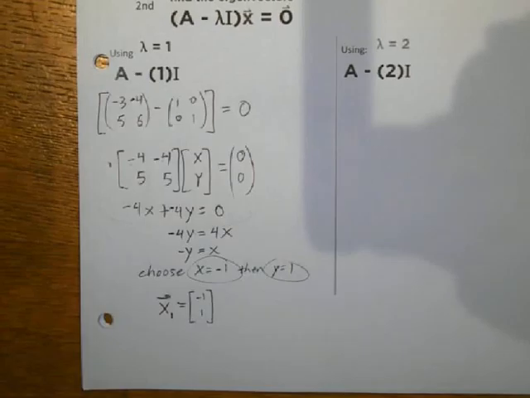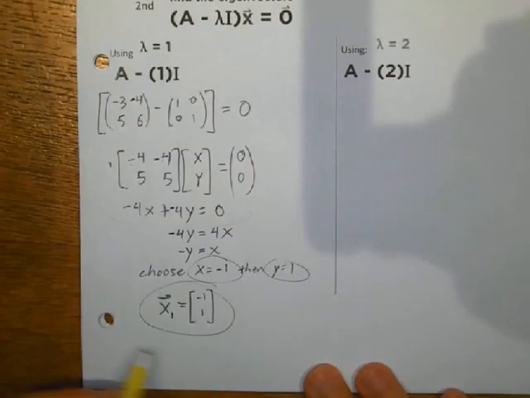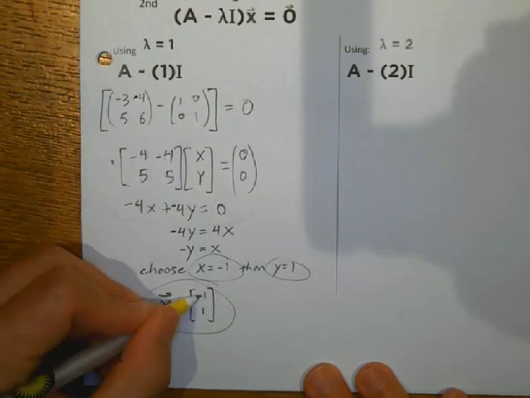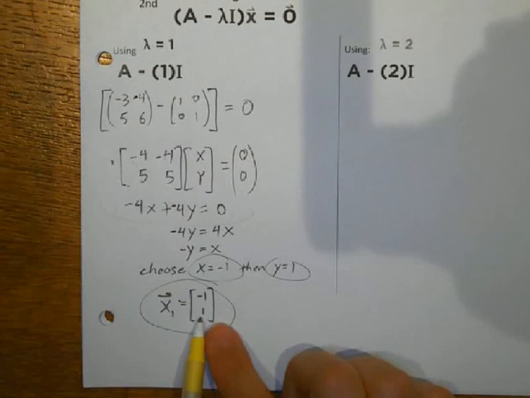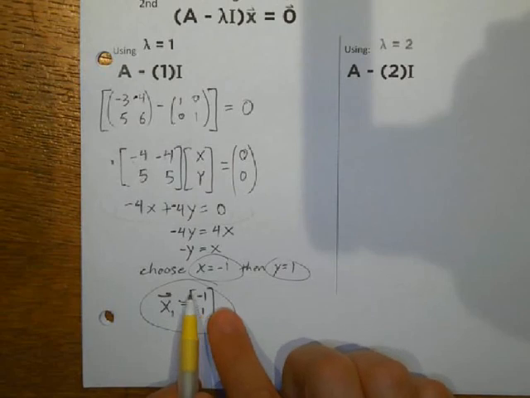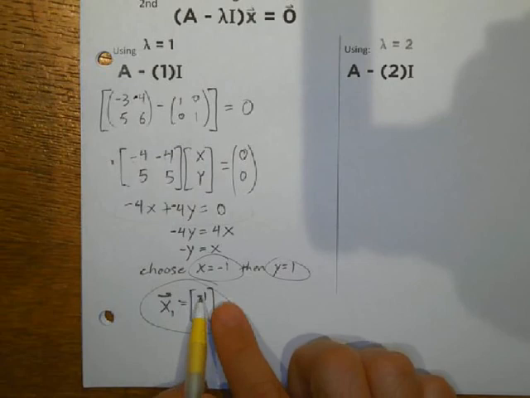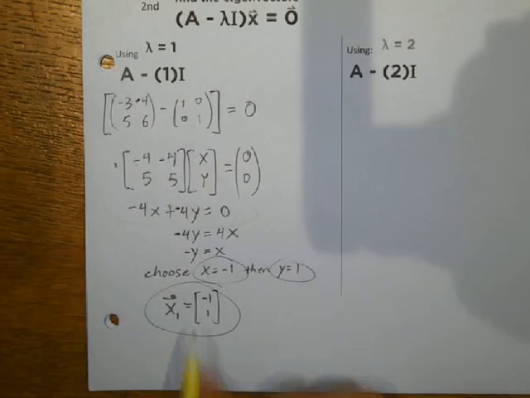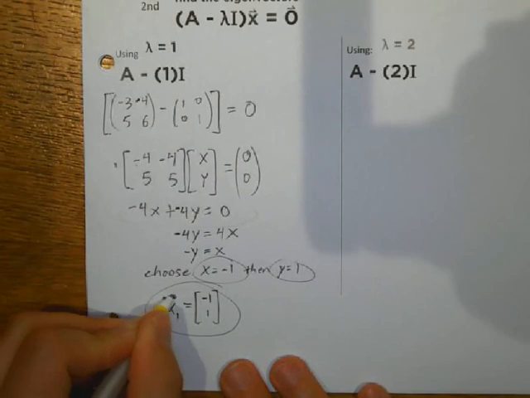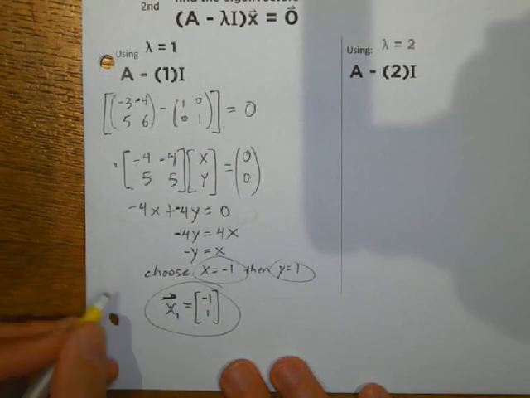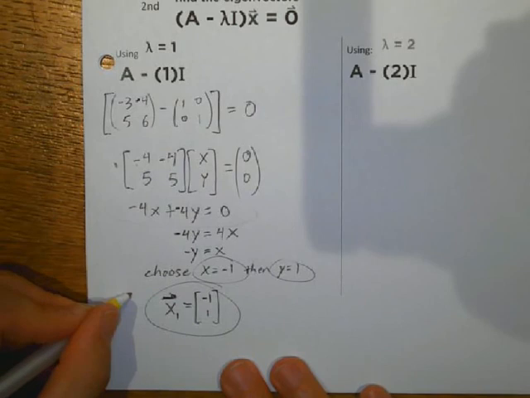And remember that your eigenvector can be any form of this vector. So I could have it -5 over 5, or 1 and -1, as long as it's the same direction. The scalar doesn't matter. So I saw somebody in class making this arrow looking like a -7 or something.